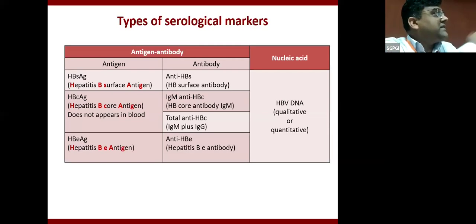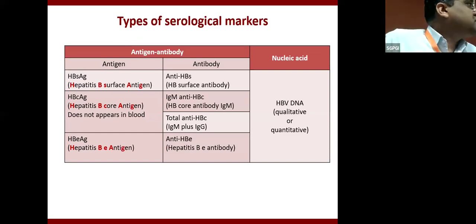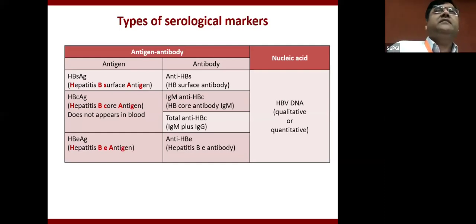We need only these tests, right? Surface antigen, anti-HBs, core antibody IgG and IgM, HBe antigen. Anti-HBe antibody is also not needed for diagnosis. It is used more for treatment management of the patient. So we are using few tests.